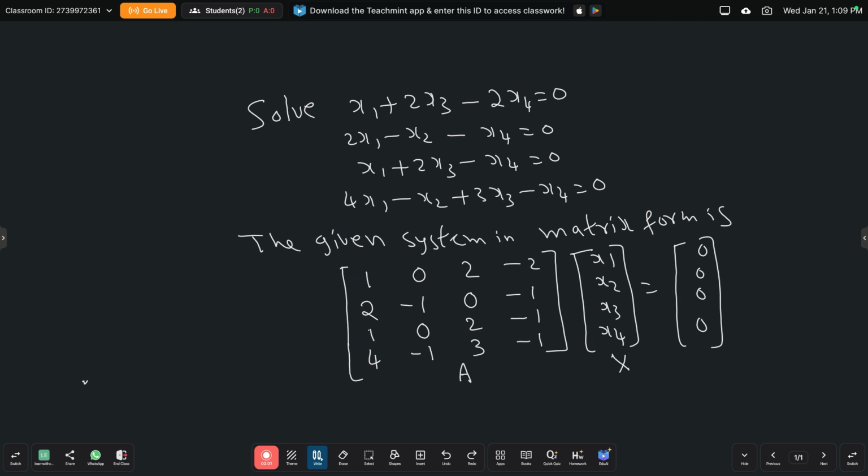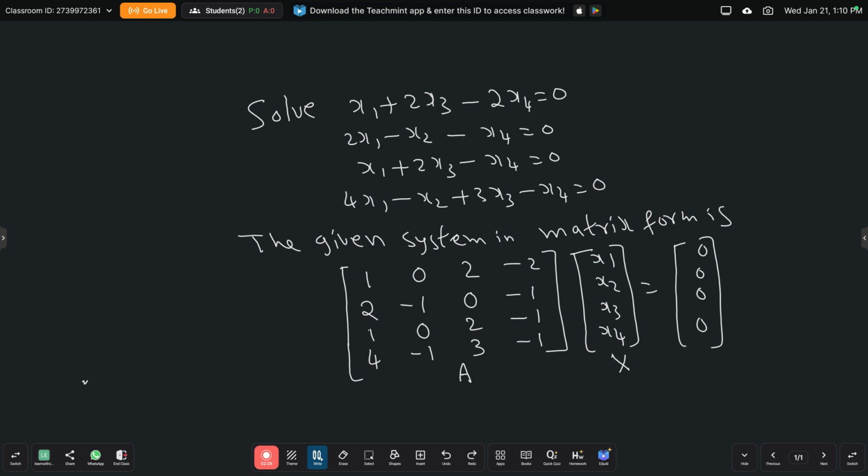We know that a homogeneous system is always consistent. It will always have the zero solution, that means x1 equal to 0, x2 equal to 0, x3 equal to 0, x4 equal to 0 is always a solution to this problem. Now we will find whether there is any other solution for this system or not.